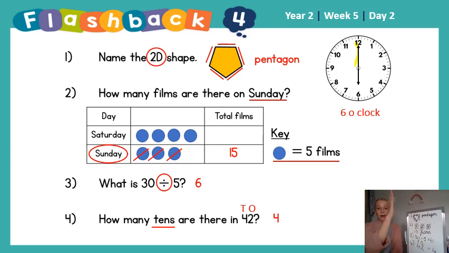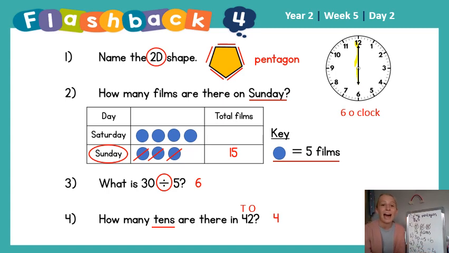We know that when it's at 12 it is o'clock. Say o'clock. Lovely, and our little hand for the hour is almost but not quite touching the number 6. So the time must be 6 o'clock. Well done. So for question number 5 it is 6 o'clock.